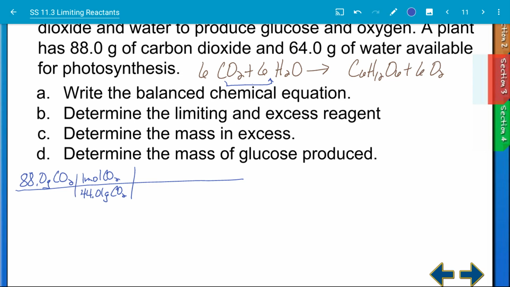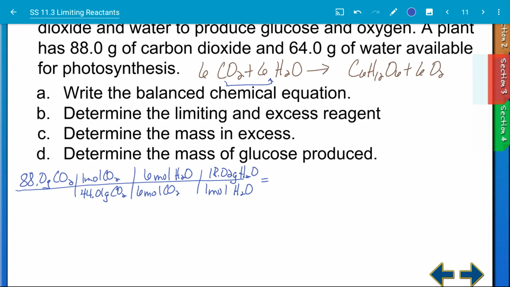And I know for every 6 moles of carbon dioxide, I have 6 moles of water, and that's a 1-to-1 ratio there. So 1 mole of water weighs 18.02 grams of water.